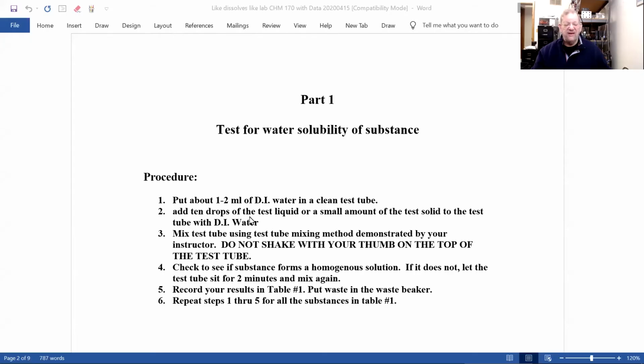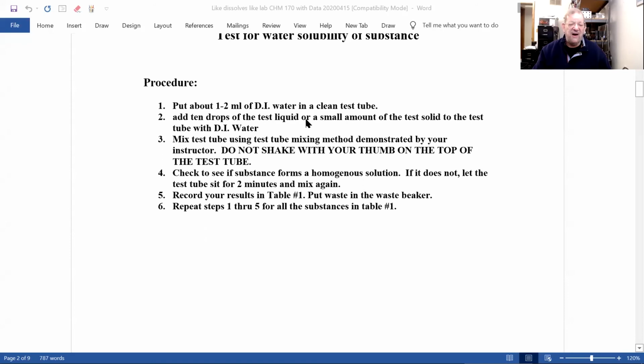So you'd put some water in the test tube because we're doing water solubility. You'd put a small amount, like a few drops of whatever you're testing, either a liquid or, if it's a solid, a small amount, then you'd mix it. And I teach you the following.